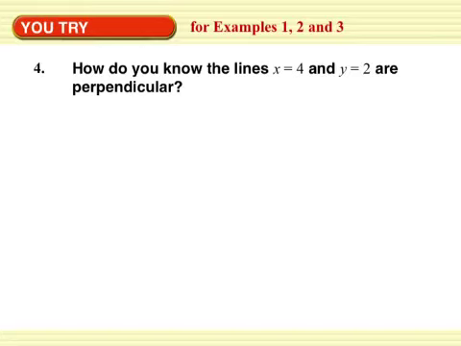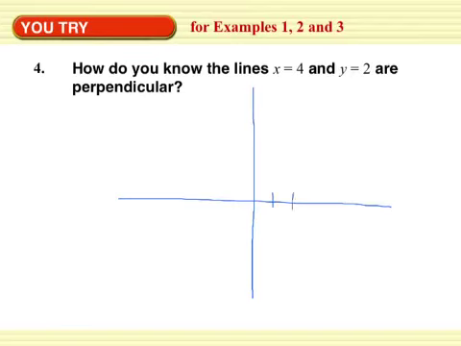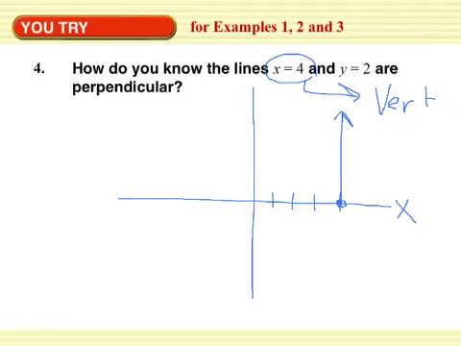How do you know the lines x equals 4 and y equals 2 are perpendicular? I'm going to do this one with you. Real basic graph. 1, 2, 3, 4. The line x equals 4 is vertical. I went to x is 4, and I can draw a line straight up and down.